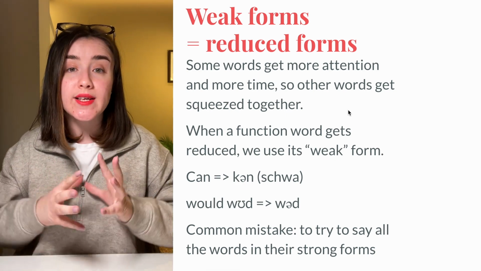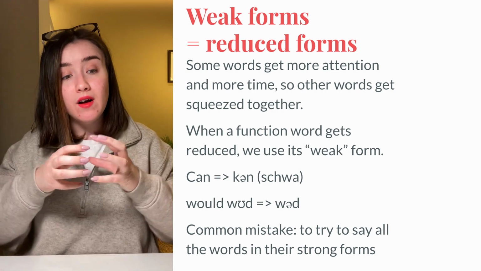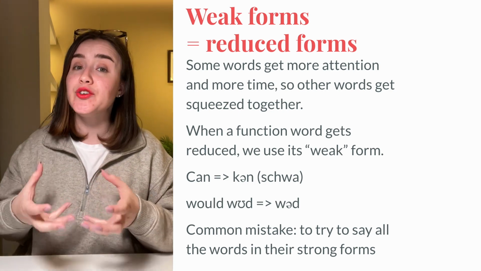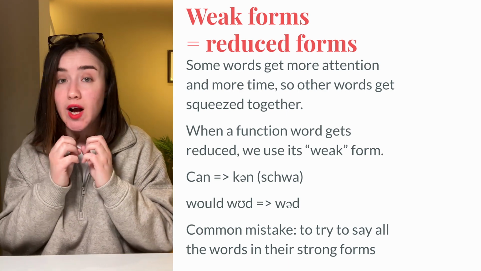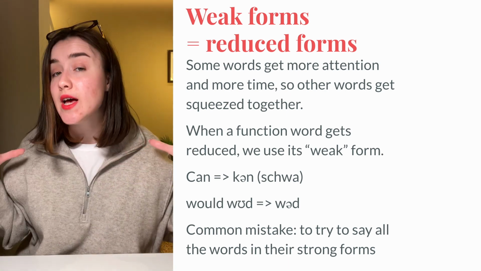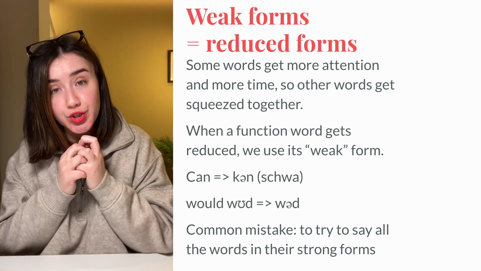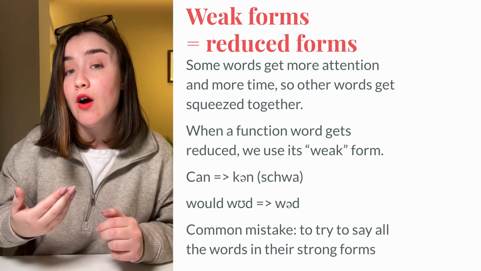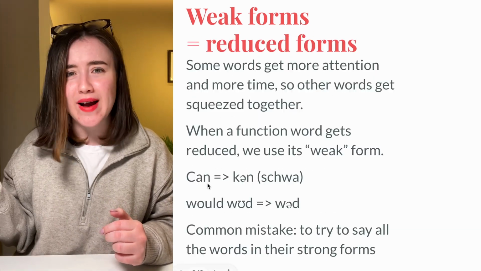So, weak forms are the reduced forms of different words. So if some words get more attention, more space, right, and more energy, then other words are going to get less energy, less attention. They're going to get squished together. They're going to be softer, and we're not going to have enough time to pronounce the word fully. So when a function word gets reduced, we call it its weak form, okay? So for example, can, oh my God, why am I skipping around so much today?